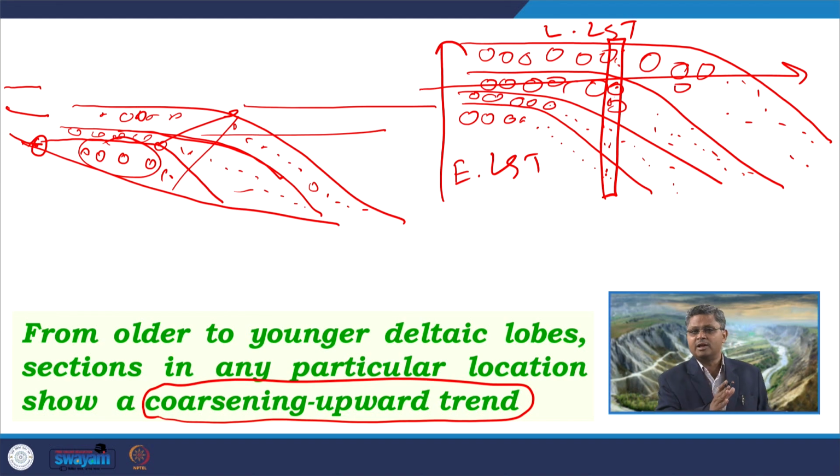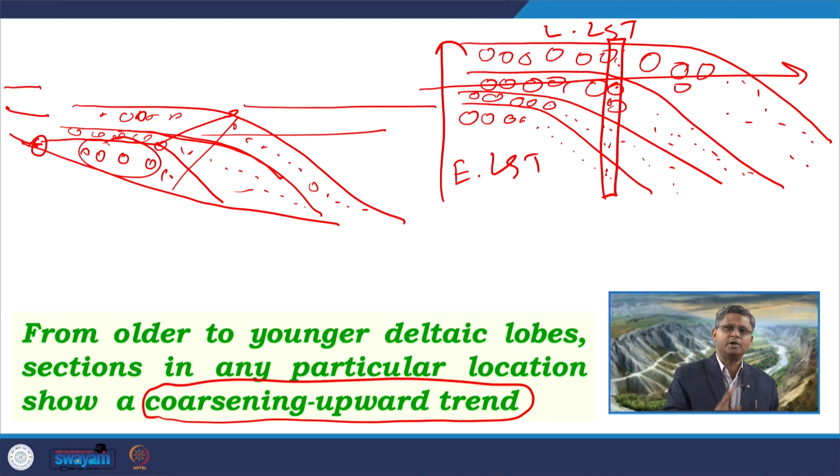But if I look at the overall distribution pattern with respect to onshore to offshore distribution of grain sizes, the average grain size will gradually decrease towards the late LST. So, this is a very typical, very characteristic property of the delta lobes, which we can observe during the LST phase. This is very similar in the HST phase as well.